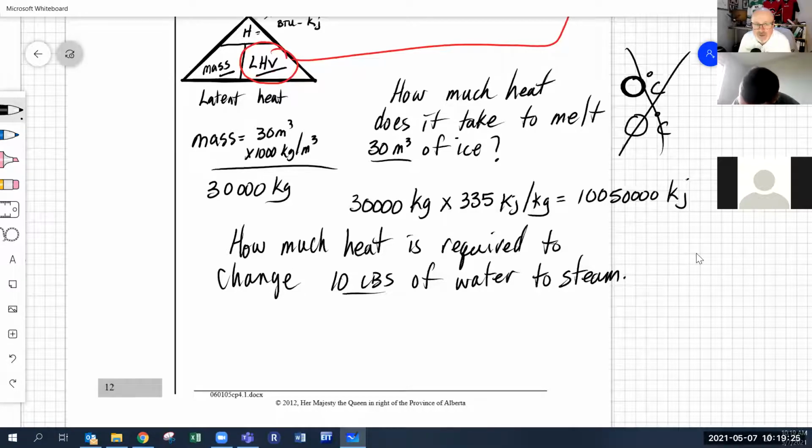So anytime you see an imperial measurement, you know you have to use the imperial latent heat of vaporization.